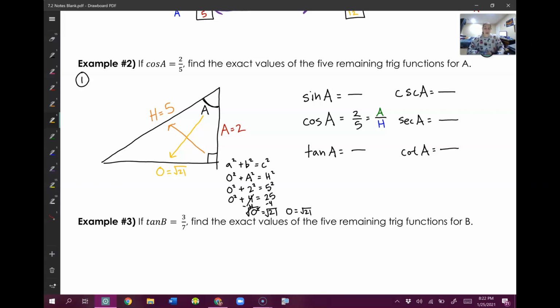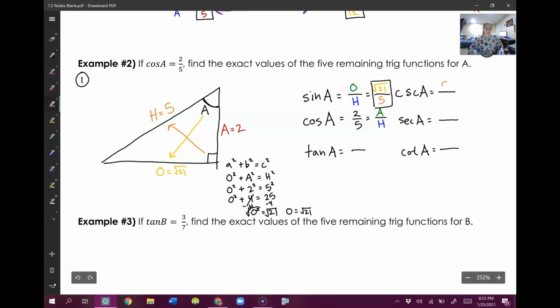So let's start. Sine is SO, opposite over hypotenuse. SOHCAHTOA. So the opposite side is square root of 21. The hypotenuse side is 5. So there's our answer. And remember, to get cosecant, it's paired with sine, so we just take the sine value and flip it.